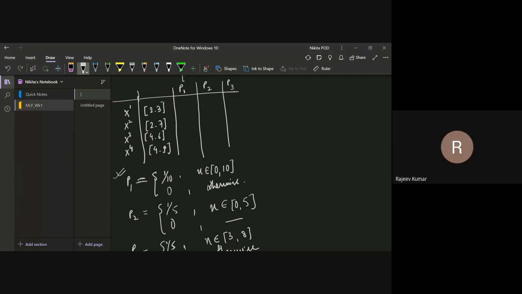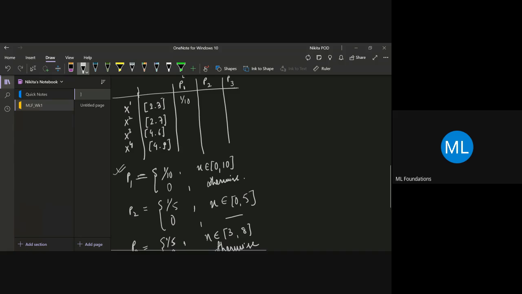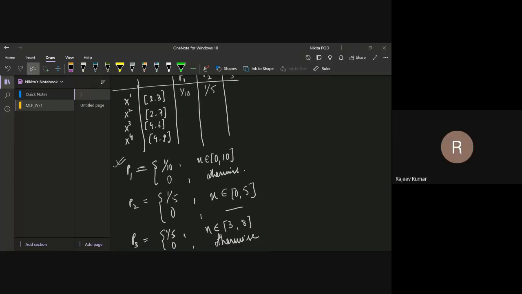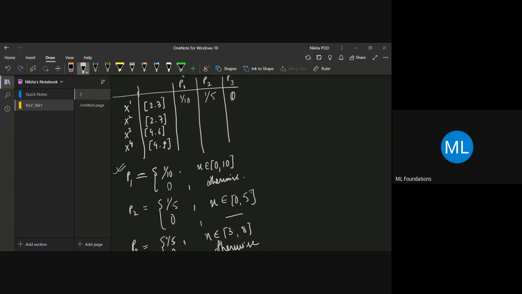P2 is 1 by 5. What should P3 be? It is 0, since 2.3 does not belong to 3 comma 8. Similarly, you can find P1, P2, and P3 for all these data points x2, x3, x4.